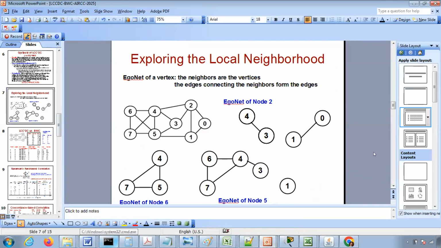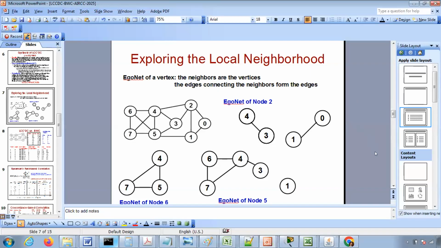So if the local clustering coefficient of a node is low, then more likely the neighbors of the node are going to go through that node for shortest path communication. And if such a node with a low local clustering coefficient also has a larger degree, that means it has more neighbors, and those neighbors are not directly connected to each other, then more likely those neighbors are going to go through that node for shortest path communication.